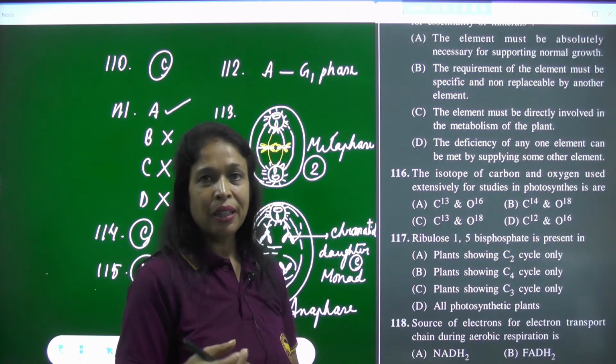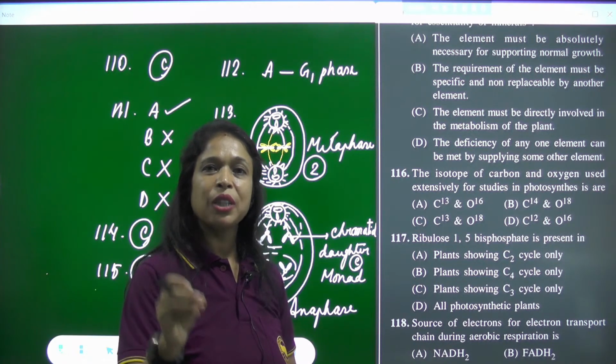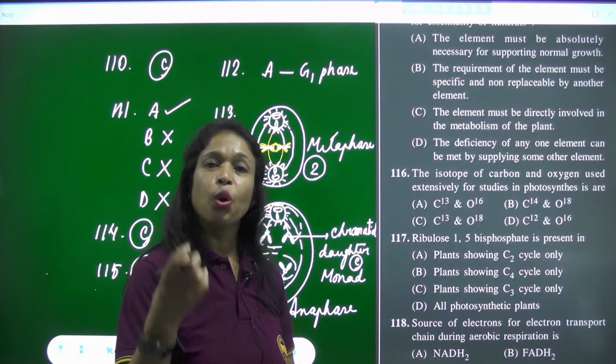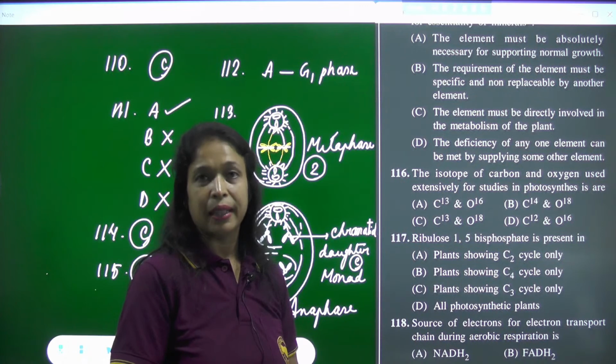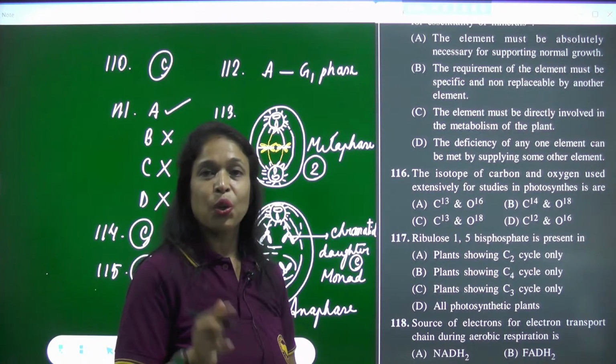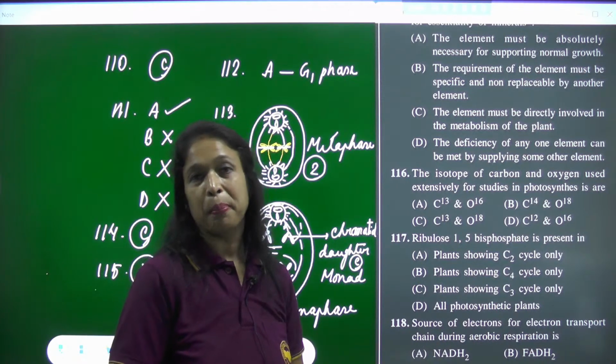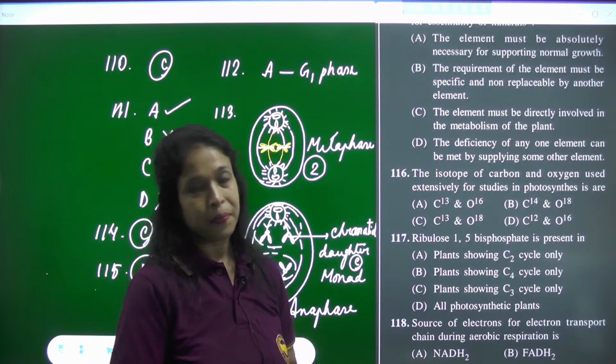We know very well C14 was given to chlorella, so as to know the fate of carbon dioxide in fixation. So carbon 14 was used for the discovery of the pathway of the C3 cycle.